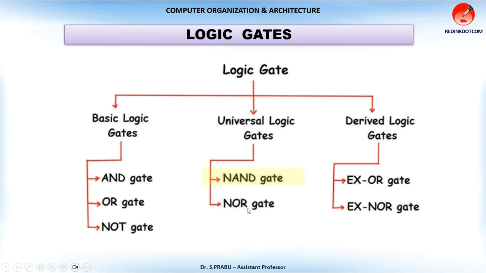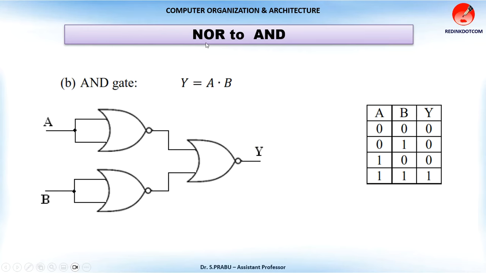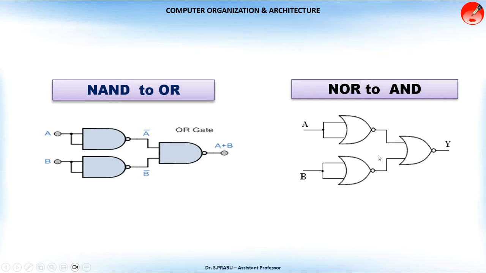So in the same way, NOR gate can be used to generate other gates. The same techniques can be used here. So I just go through how other gates can be generated from NOR gate. So this is NOT gate from NOR gate. This is AND gate from NOR gate. You just compare NAND to OR in the previous section. The same mechanism can be used here.